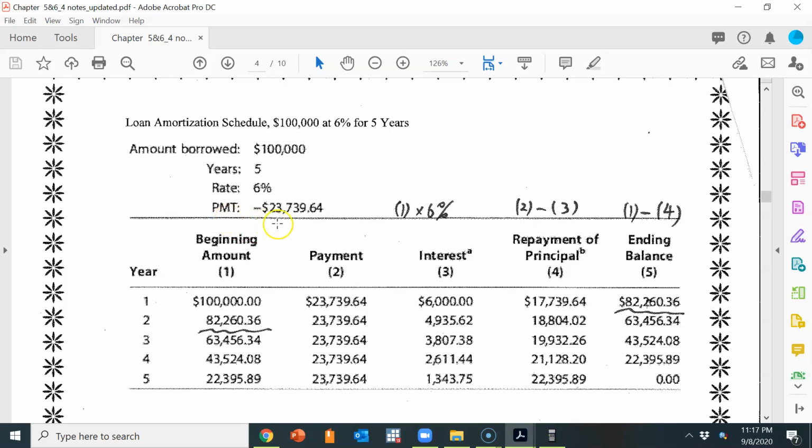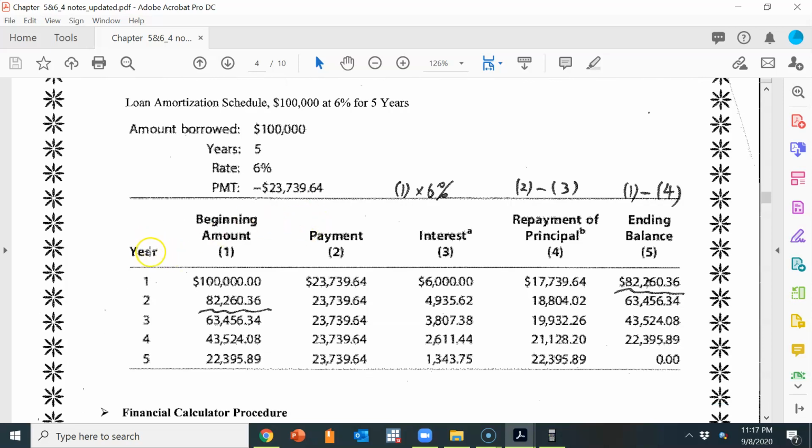We have 23,739.64 as our annual payment we need to pay for 5 years, as the ordinary annuity amount. So we can first create this second column in this table, which is the total payment we're paying for each year.